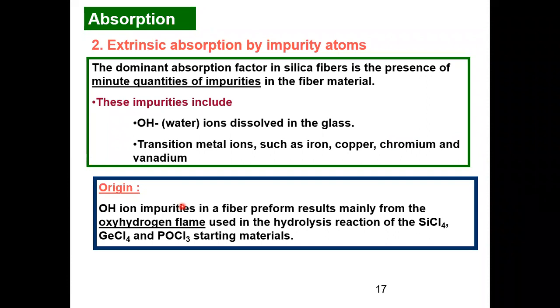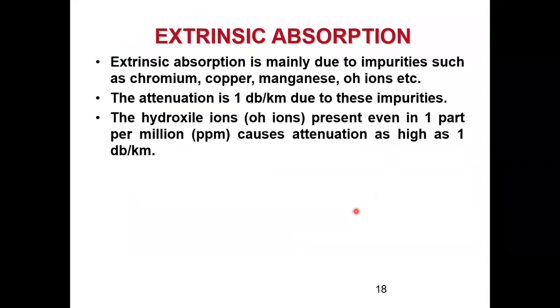In all other techniques, we had an oxyhydrogen flame, the traversing burner, which used to move across the entire cylindrical structure to generate the heat. Due to that, OH ions, water molecules, were present in the glass. These might also be contaminants from the furnace, the chamber, the enclosure where the fiber is getting fabricated. So this is your extrinsic absorption, and again I can reduce it by having a sophisticated manufacturing technique.